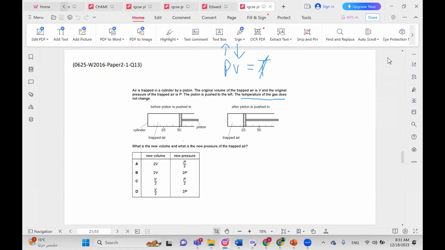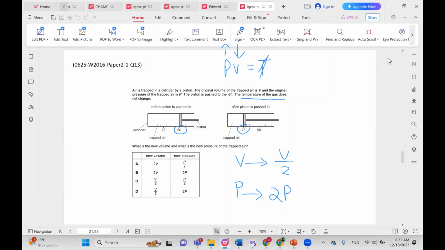Now, the piston moved from 50 to 25. So what happened to the volume? The volume became halved. It reduced by half. So it became V over 2. We divide the volume by 2. So therefore, because the pressure is the inverse of the volume, we must multiply the pressure by 2 to counter the effect of the division of the volume.